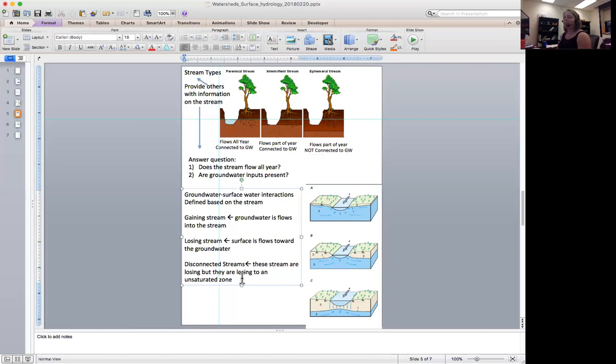And if you're losing to an unsaturated zone, then that is typical of an ephemeral stream.